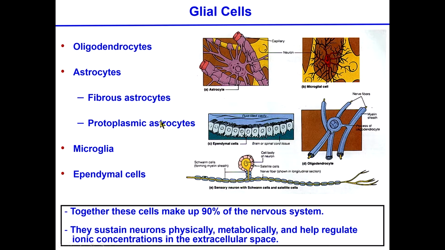So it's a specialization, not only in the way they look, and we'll see pictures of those, but also in where they are located, and therefore which other cells or axons they interact with. Actually, by the way, I just realized that this is an astrocyte, and this is the one I mentioned. I tried to point to the oligodendrocytes.